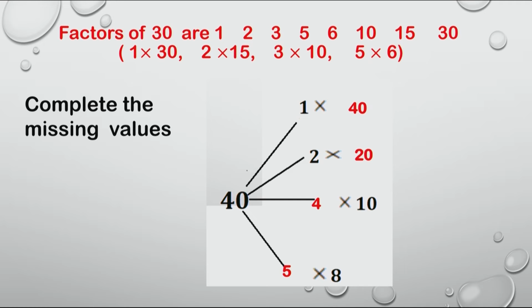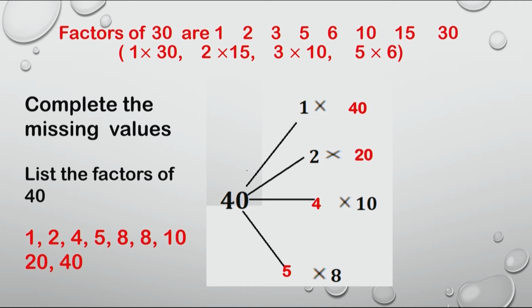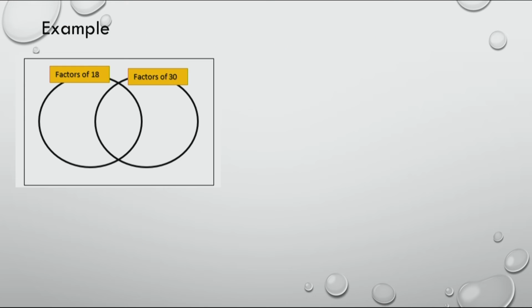Last one, 5 times 8. 5 and 8 are factors of 40. So what are the factors of 40? 1, 2, 4, 5, 8, 10, 20, 40. They are the factors of 40. So list the factors of 40. There they are. We've just been looking at factors.